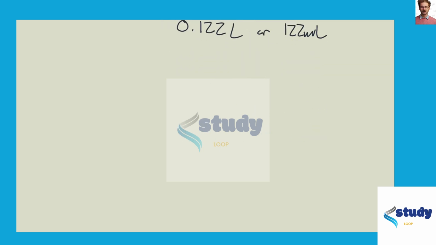So if we know we have a molarity of 0.220 moles per liter, we could rewrite this as 1 over 0.220 liters per mole.